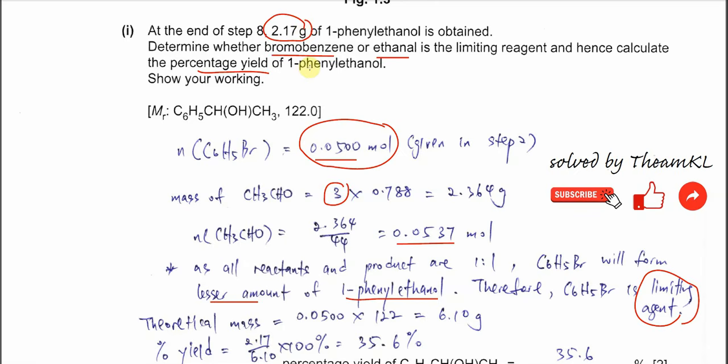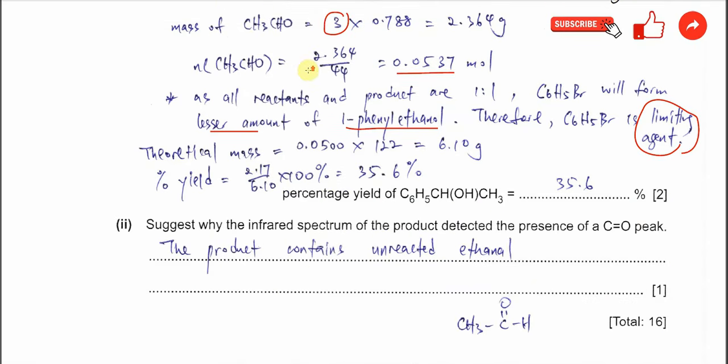To get the percentage yield, we use actual over theoretical times 100%. So the actual is 2.17, theoretical is 6.1, which we calculated just now, and times 100%, you get 35.6%. So this is the percentage yield.